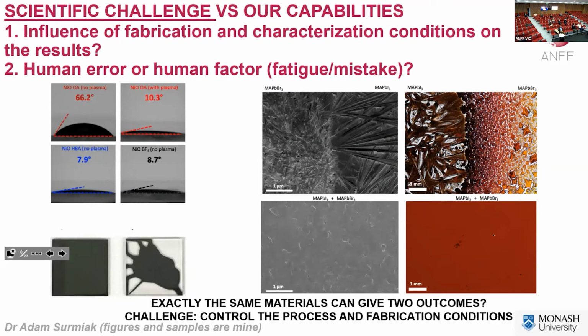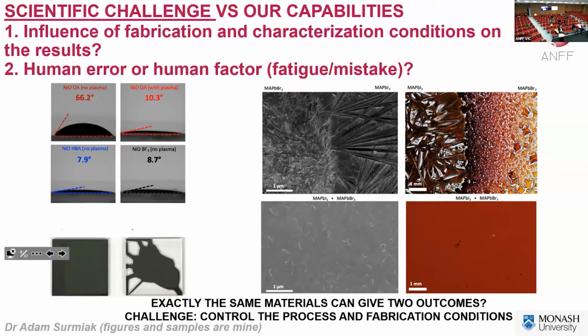On the other hand, if you don't control your parameters, such as humidity, your plasma, or the time between your plasma treatment and deposition, you might also end up with a very bad sample, and you pretty much waste a lot of time and resources.